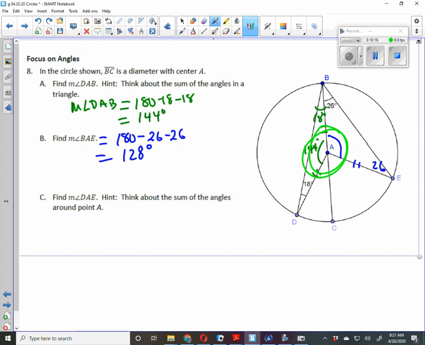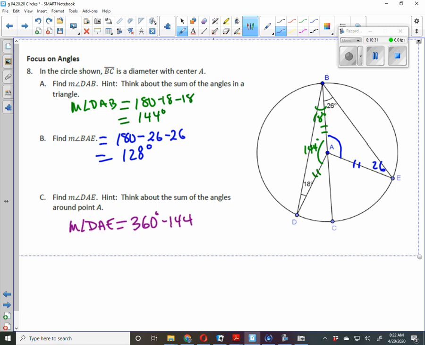So I can pretty much guarantee you then that the measure of angle DAE is going to equal 360 degrees minus the 144 minus the 128, right? This was 128. And therefore, this is equal to 88 degrees. And yes, you should be using a calculator.